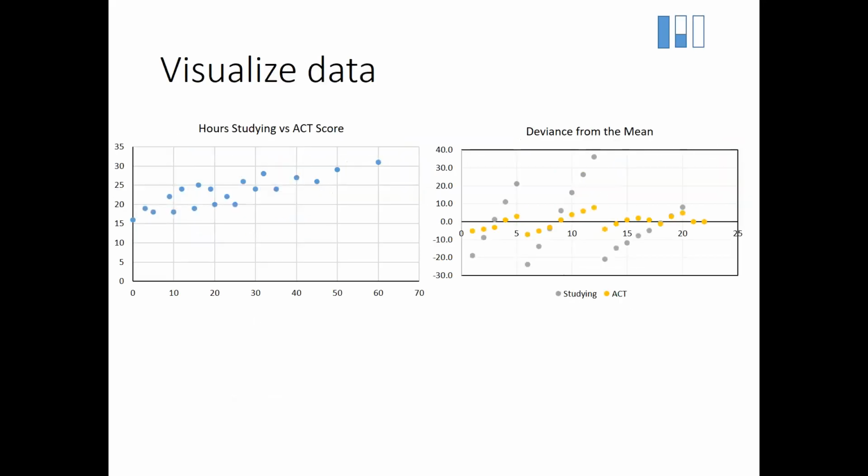So I've plotted some test score data, right? Hours studying and ACT scores. These are just example data, but let's say I spent 0 hours studying, and I scored a 15 on the ACT. Now, I think that was my first time taking the ACT, and I didn't study at all for it.